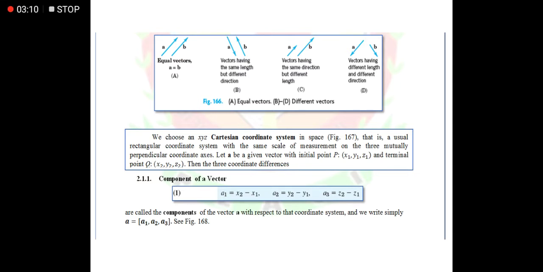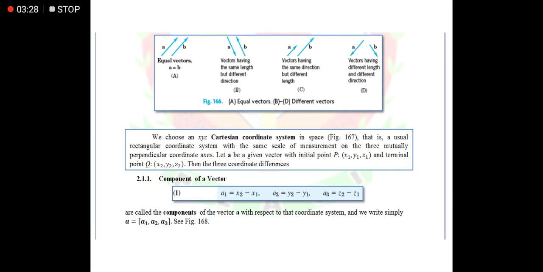But in here we are having the component of a vectors by subtracting the x and y coordinates of the starting and ending point of a vector.